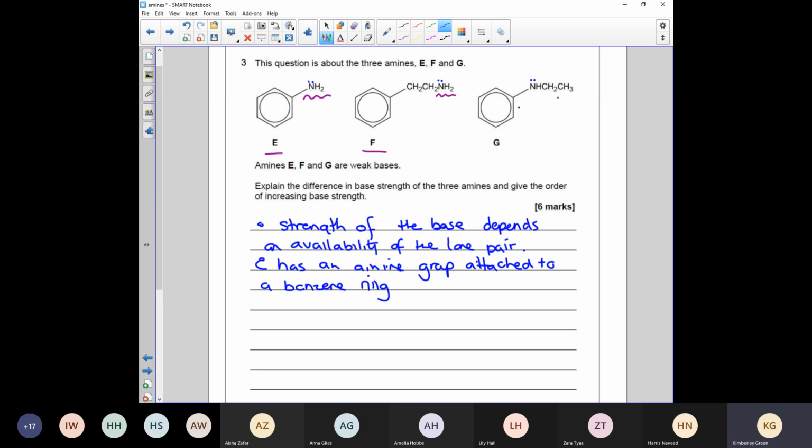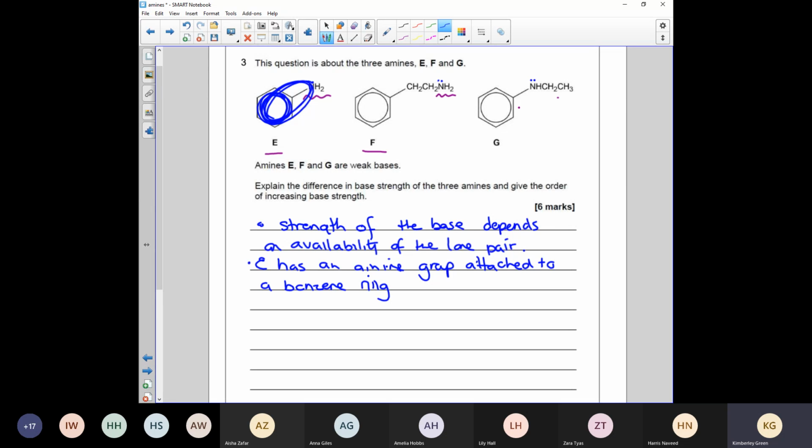It's because the lone pair is quite close to this ring of delocalized electrons. Those delocalized electrons are all in the middle, having a little electron party, spinning around the benzene. This lone pair is like, oh, I want to join, so it becomes part of the ring. It's close enough to join that delocalized party.